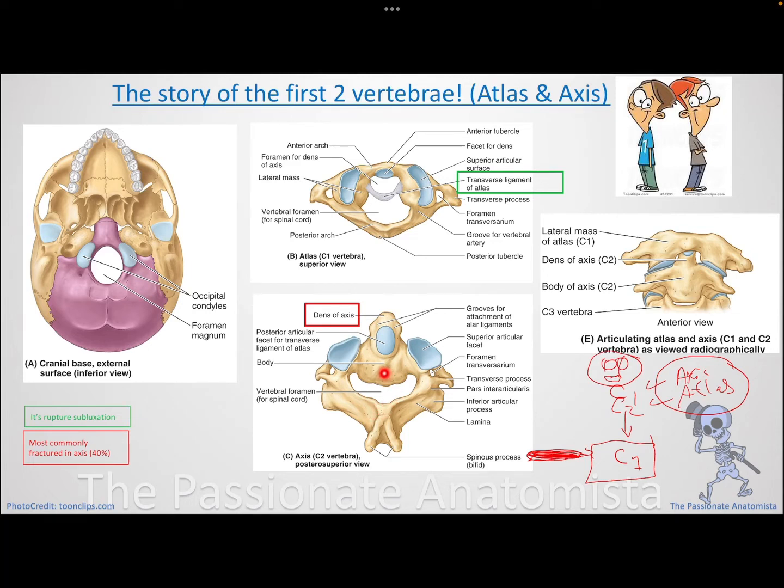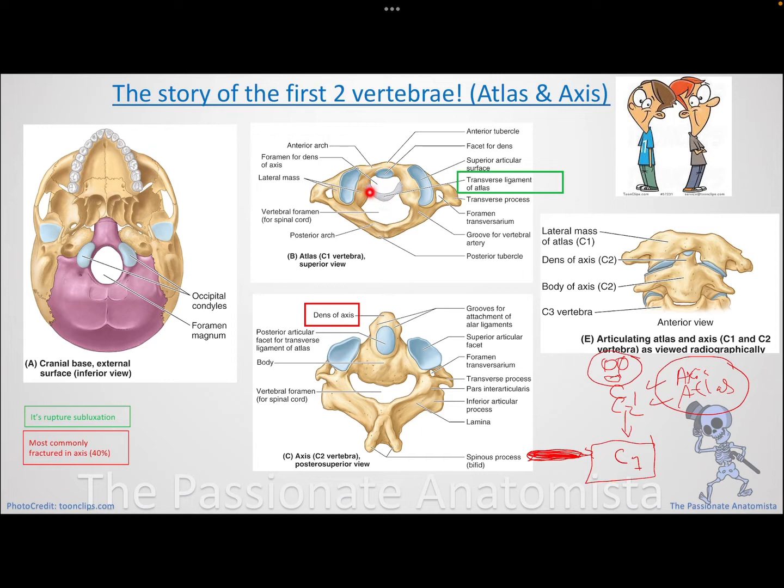It has a body, it has laminae, it has a spinous process, it has transverse processes with the foramen transversarium, of course. But plus we have the dens or the odontoid process that gets inside the foramen, which is surrounded by the transverse ligament of the atlas.